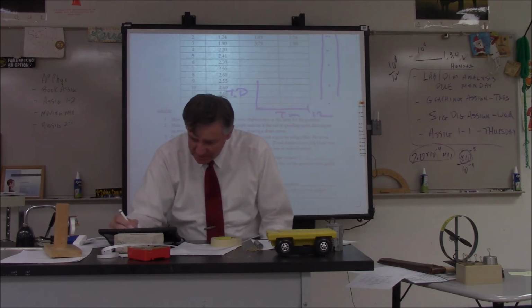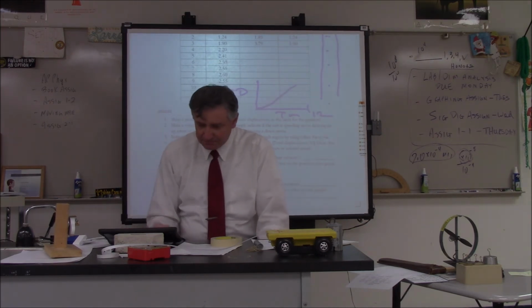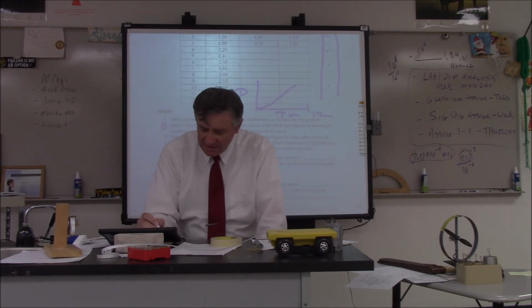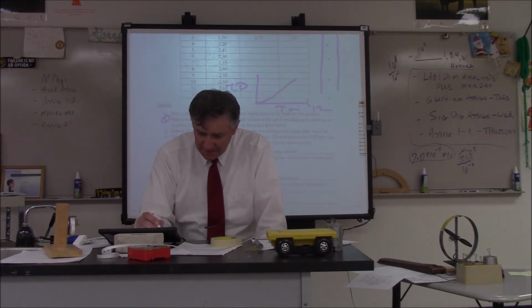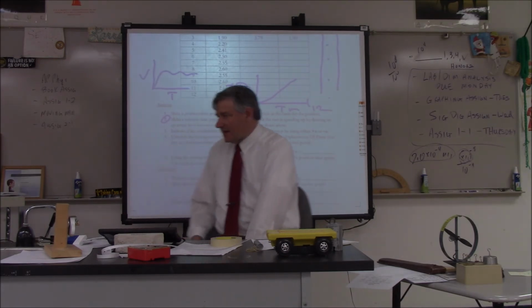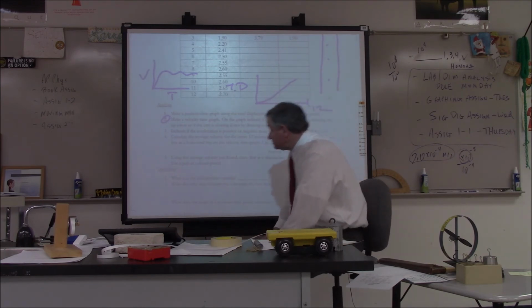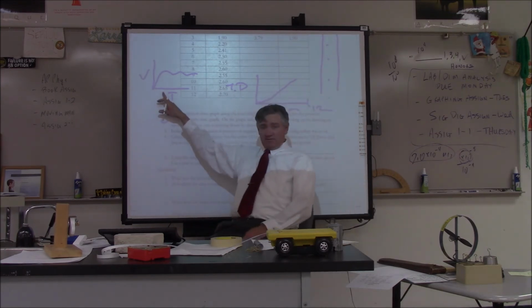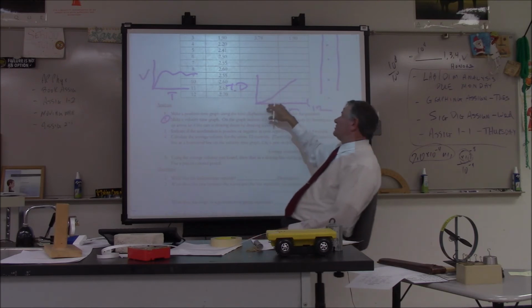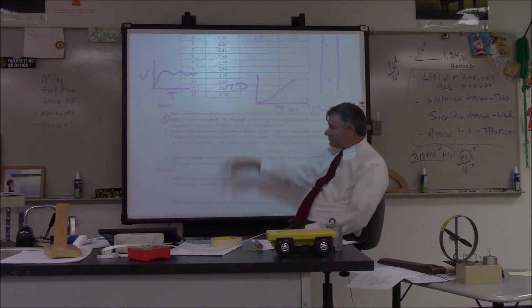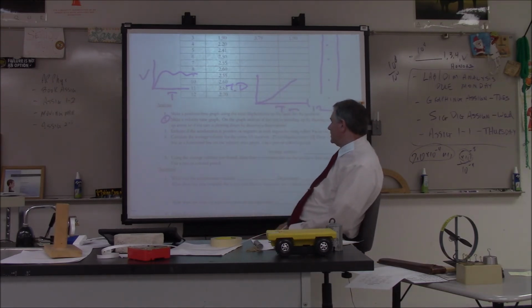And when you get down, it's going to look something like this. And then you're going to have a velocity time graph, and that's going to look something like this. Probably won't be exactly horizontal. Now remember, this is showing how fast you're going as a function of time. This is showing where you are as a function of time. Okay? So this is what these graphs are going to look like.